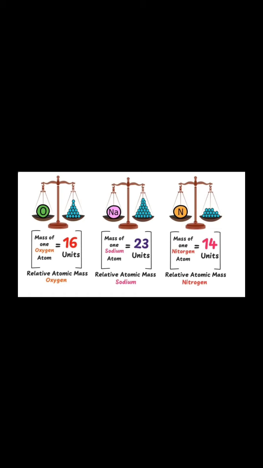Similarly, the relative atomic mass of a sodium atom is equal to 23 units of carbon, and the relative atomic mass of a nitrogen atom is equal to 14 units of carbon. Therefore, the masses of all these atoms are called relative atomic mass.